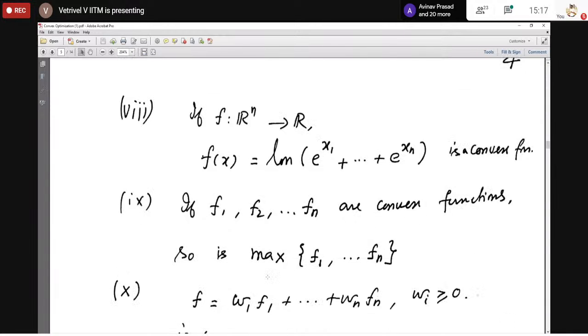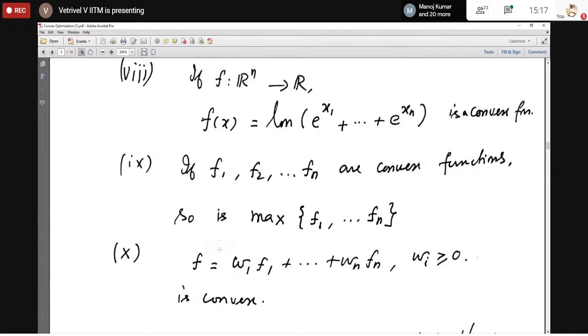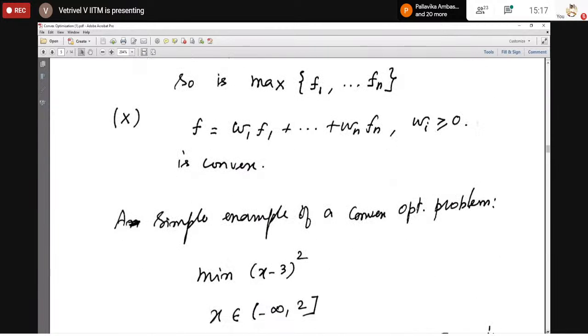And the max function, that is, you take any convex functions and take the max of them, that is again a convex function, though we lose the smoothness of the function. Not only the sum but also the weighted sum is again a convex function. In many applications we deal with such convex functions.